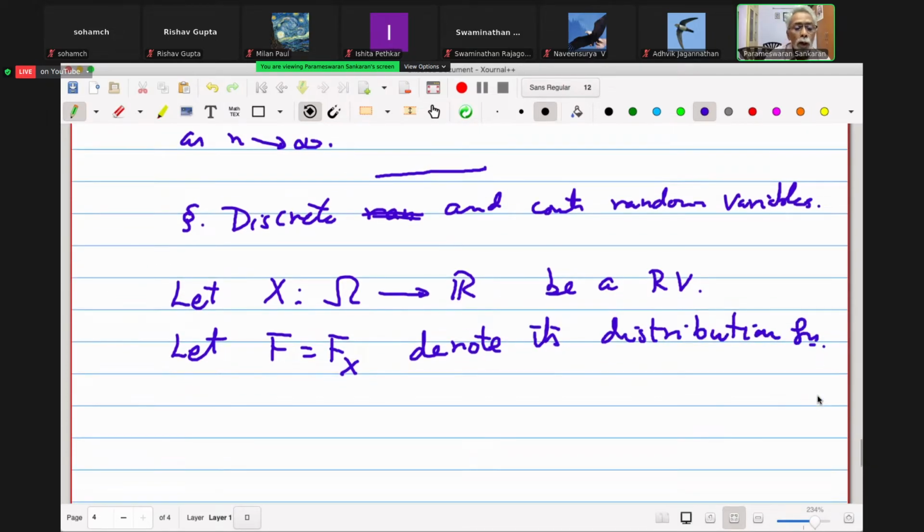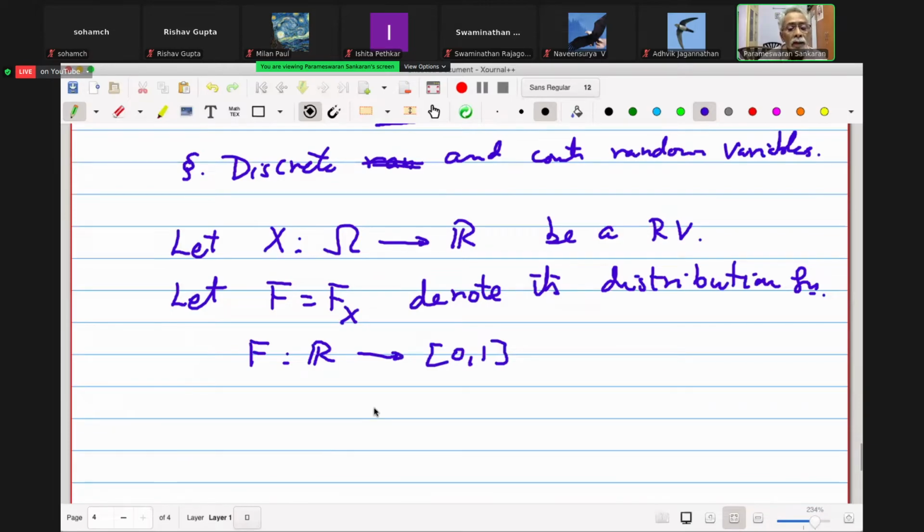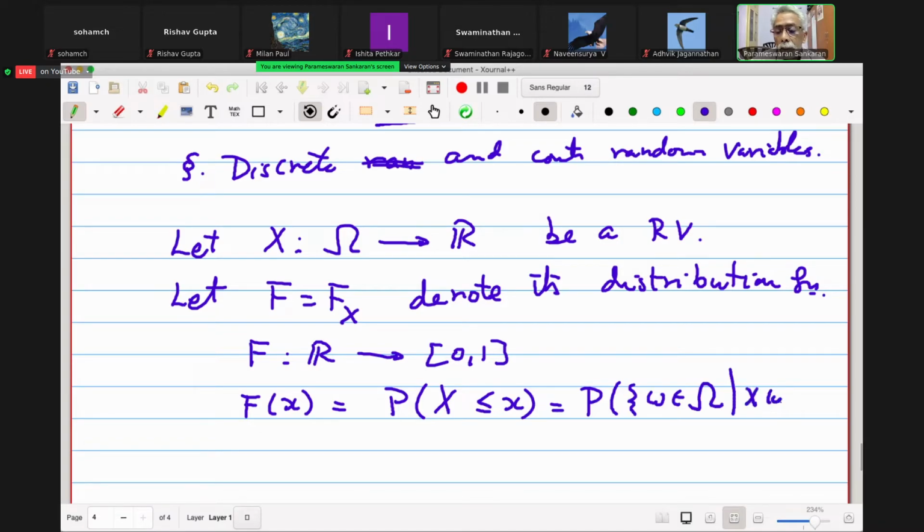Recall that F is from the real numbers to [0,1], where F of x is the probability of the set, which we simply write as X less than or equal to x, an abbreviated version of the set of omega in capital Omega such that X of omega is less than or equal to x.